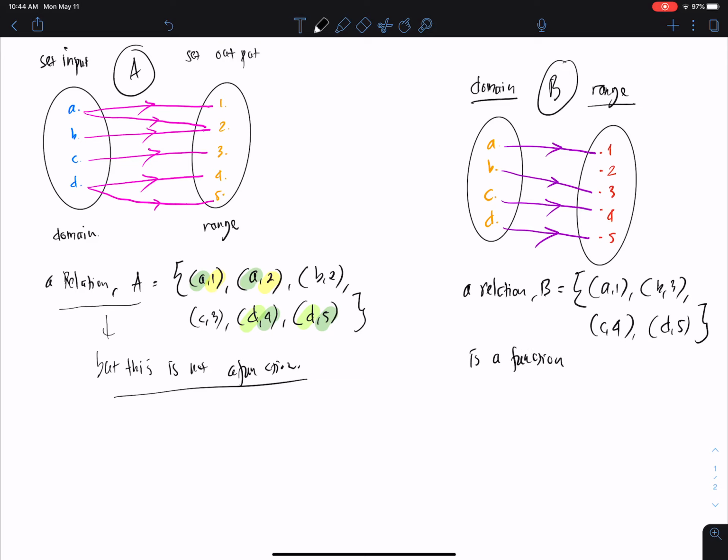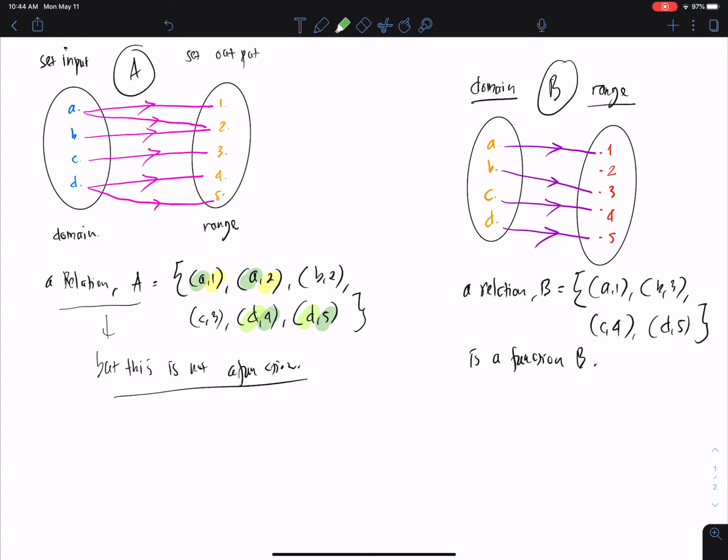We can also call it function B, because this satisfies the criteria of a function, which is one output for each input. If you look here, each of the inputs has exactly one output.